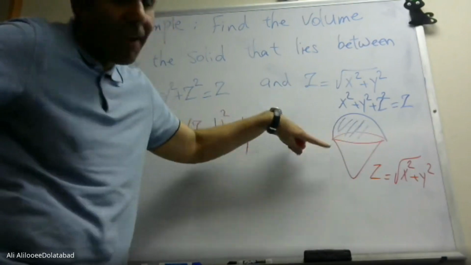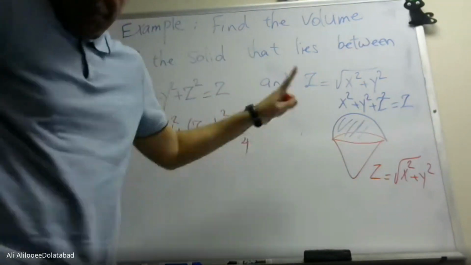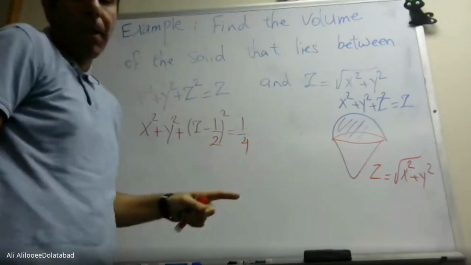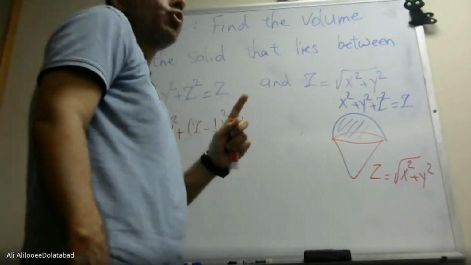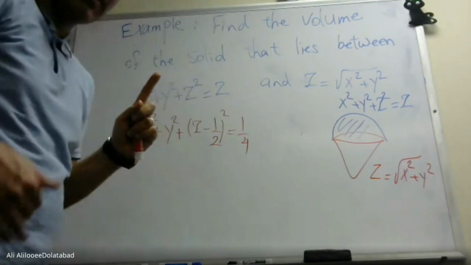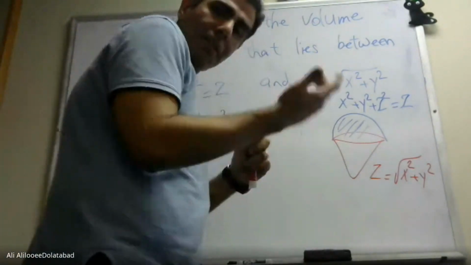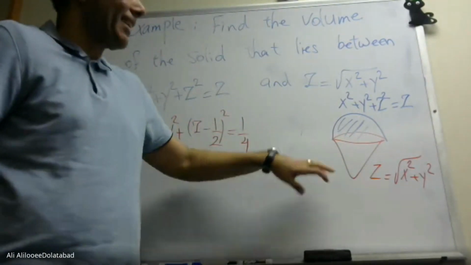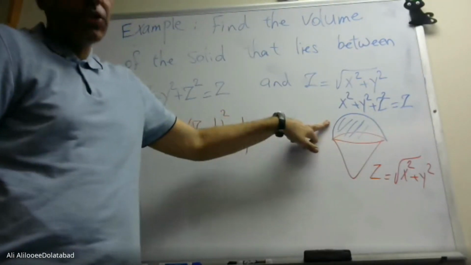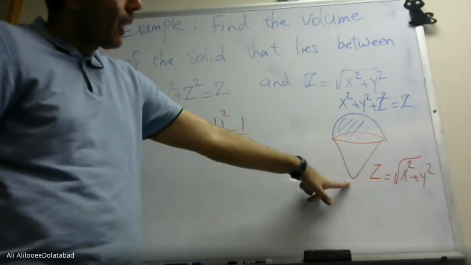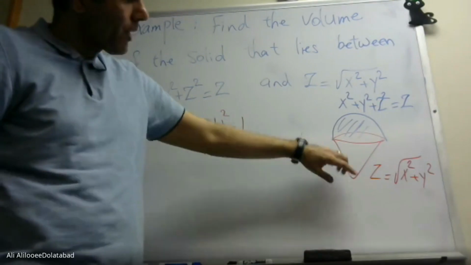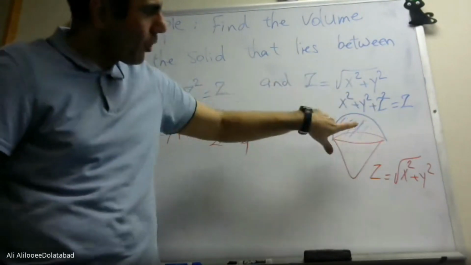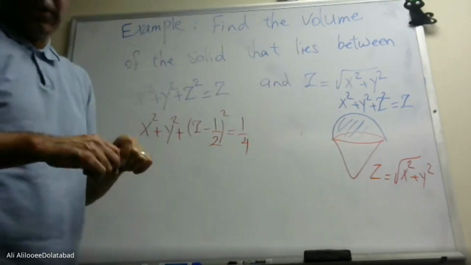You remember the ice cream that we had before, the same shape. When I was solving that question, I told you when we see more techniques, we will find this volume by using a different technique. Actually, here we are using that technique. You have a sphere on the top, a cone on the bottom, and your goal is to find the volume of this solid.